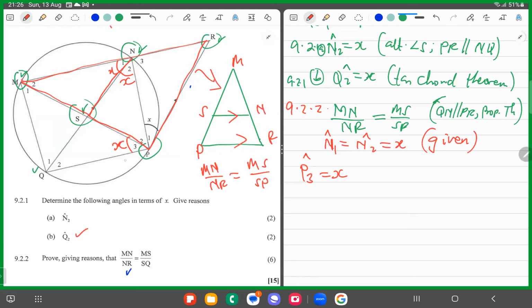Because you can see this angle here. So in mathematics, if you have this circle and you have a chord there, this and that are drawn, this angle becomes equal to this angle, and we say the angles in the same segment. So P3 is equal to x.